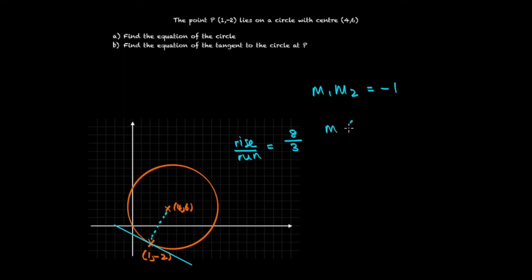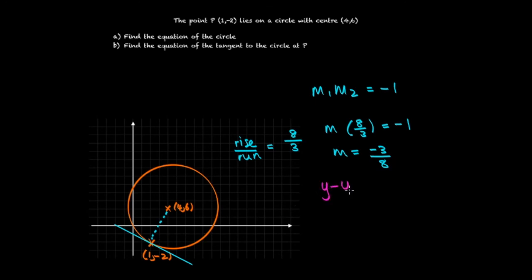And so if we rearrange this a bit, then we have that the gradient of our tangent is minus 3 over 8. And now, since we know the gradient of our tangent and we know a point that it passes, of course it passes the point P, then we can use the formula we saw earlier in the video. y minus y1 equals m times x minus x1.